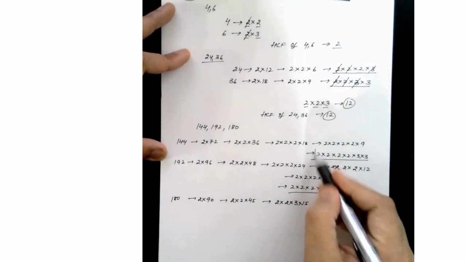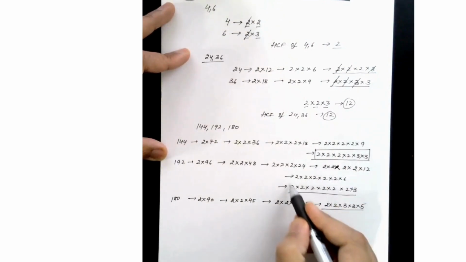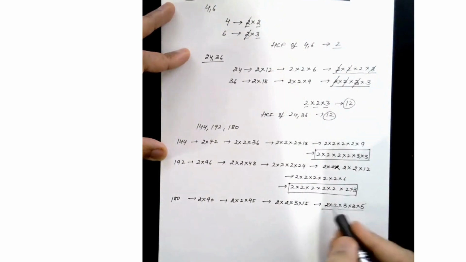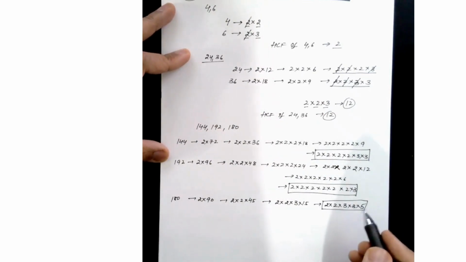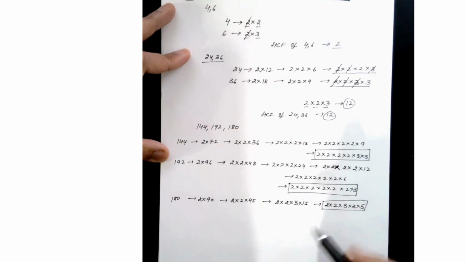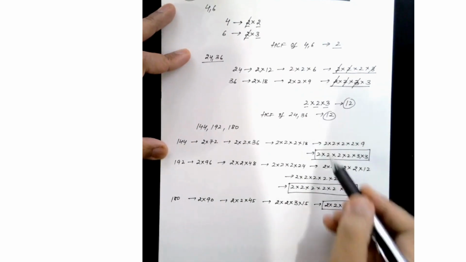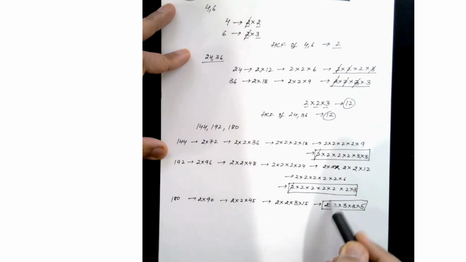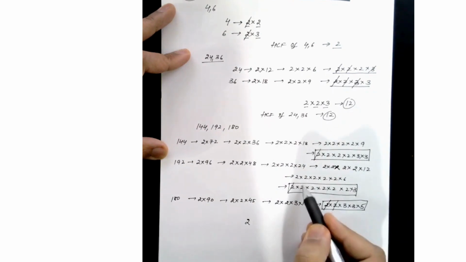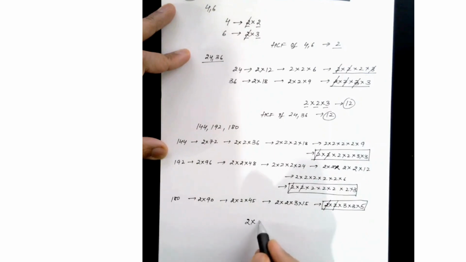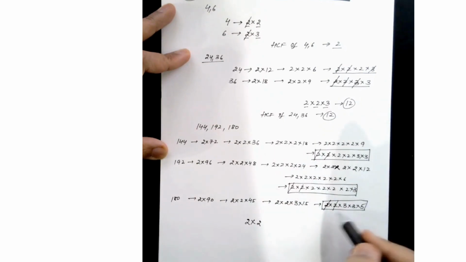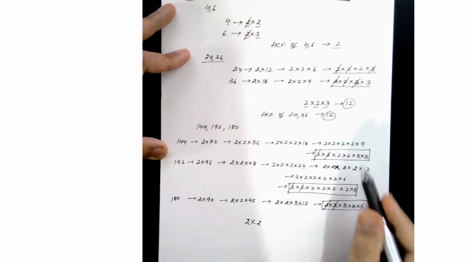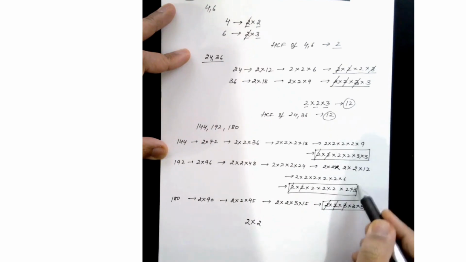So these are the prime factors of 144, these are the prime factors of 192, and these are the prime factors of 180. Now we want to find the HCF of all these 3 numbers. Let's find the common prime factors in these 3. We have a 2 here, here and here, we write it here. Then we have another 2 here, here and here. There's no further 2 available, then we have a 3 here and a 3 here.